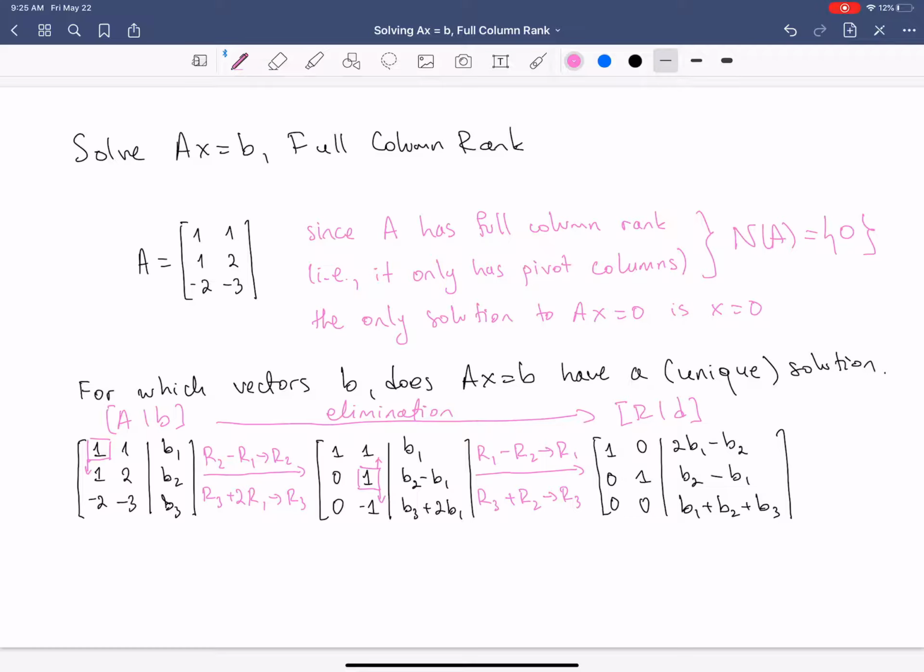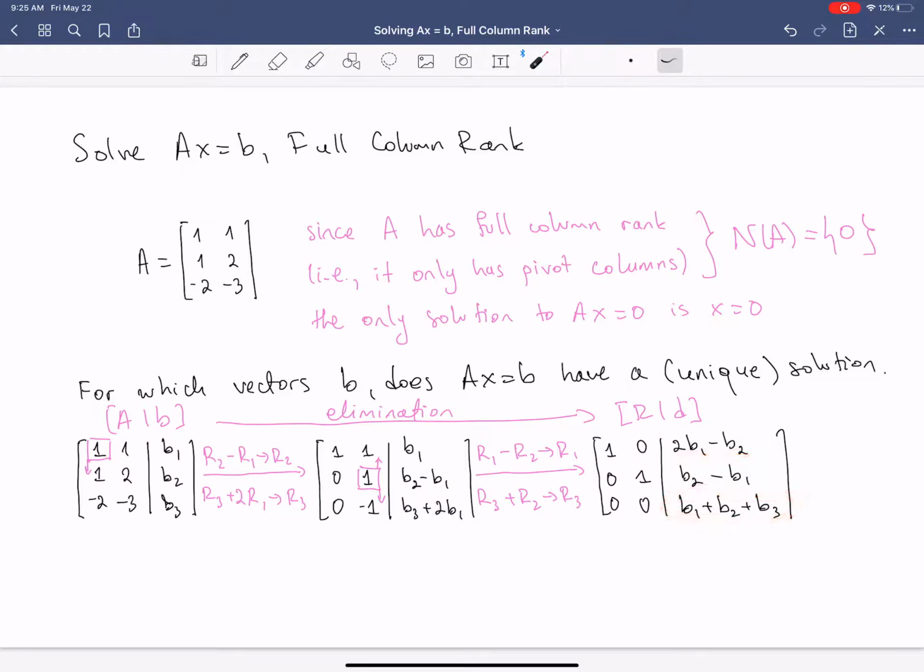You can always express the vector D as a combination of the columns of R, provided that the last component is 0. That is the only condition.